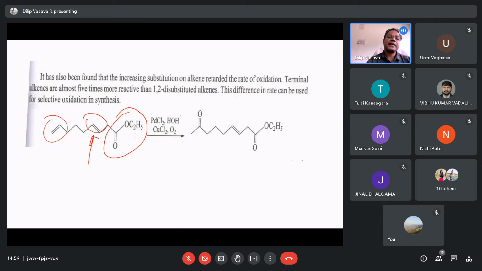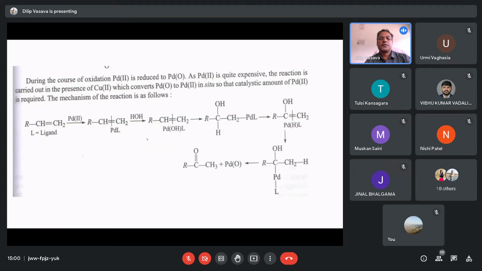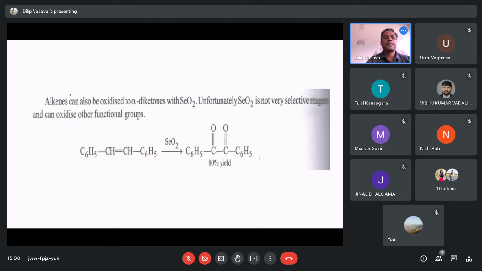That is why in presence of the Wacker reagent PdCl2 and CuCl2, the terminal double bond is oxidized, so that this other double bond will remain as it is. In this way, this is the mechanism, and the oxidation is taking place.